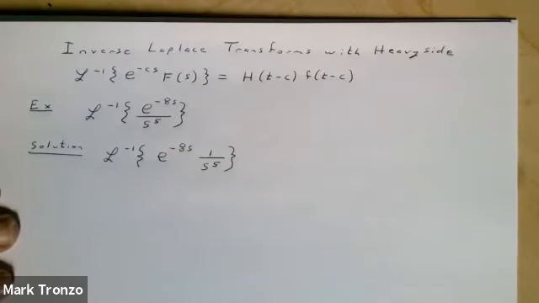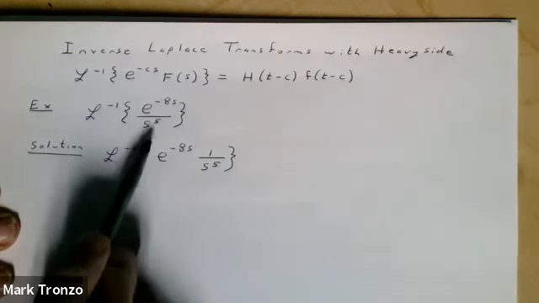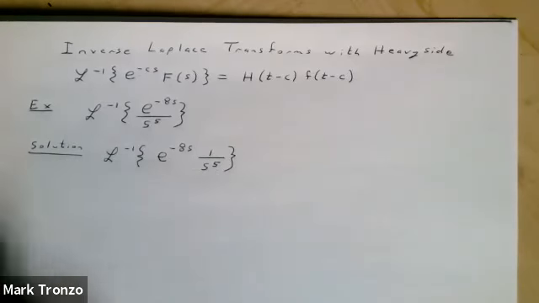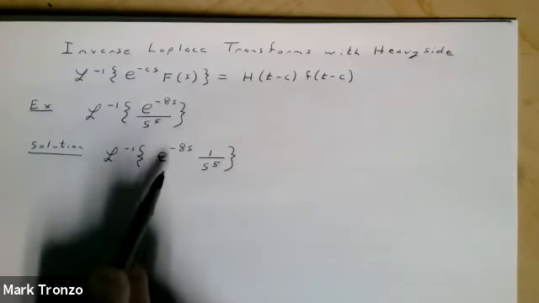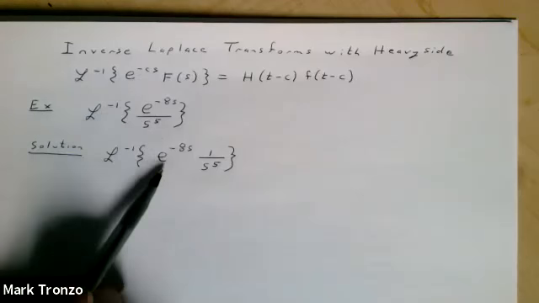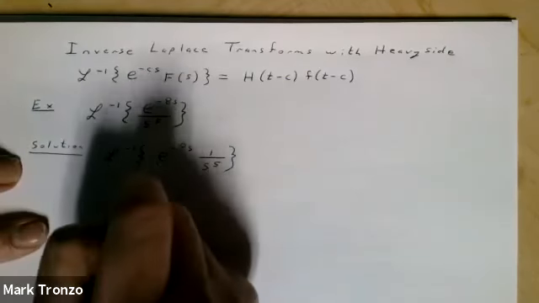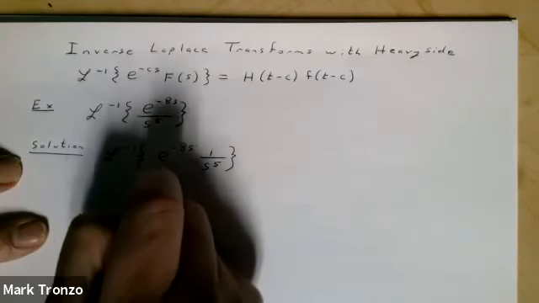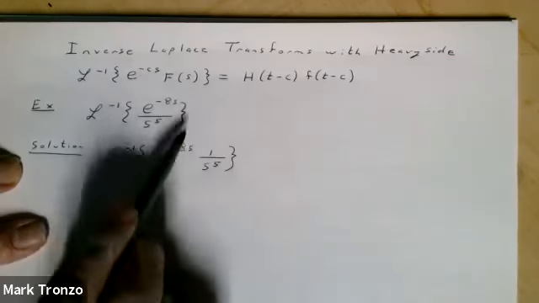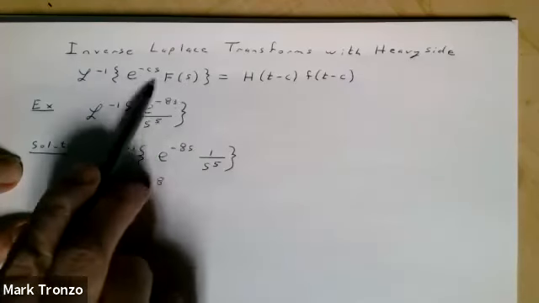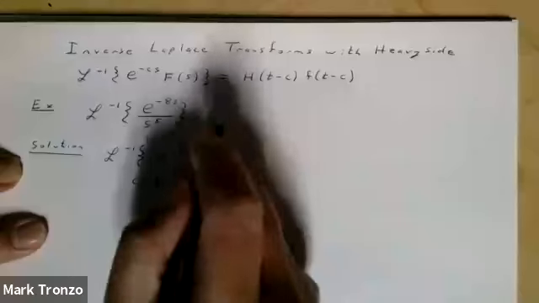So let's write it like this. So this is s to the fifth, by the way. So once again, identify the c. So you can see from the theorem here that c is going to have to be equal to 8. And then whatever is beside this e is going to be your capital F of s.